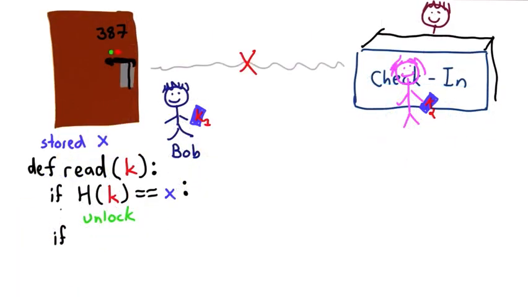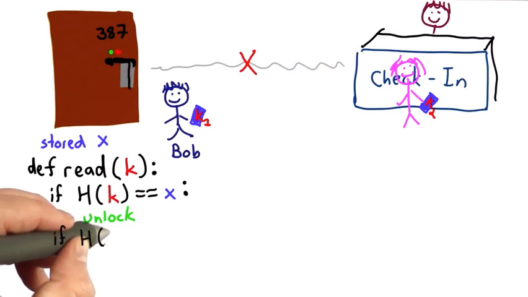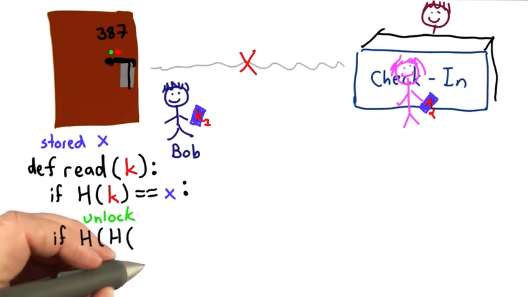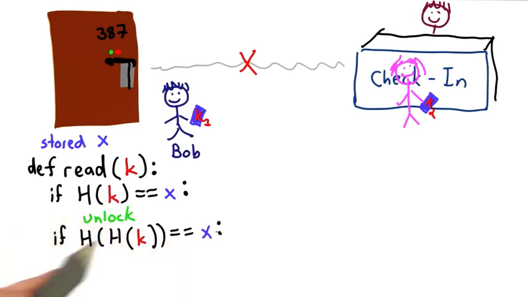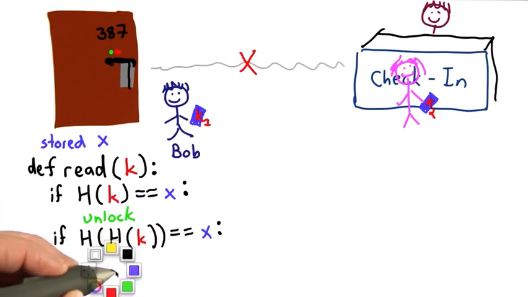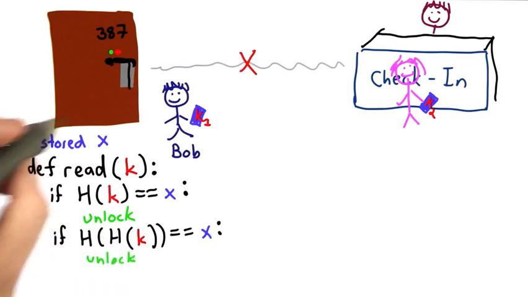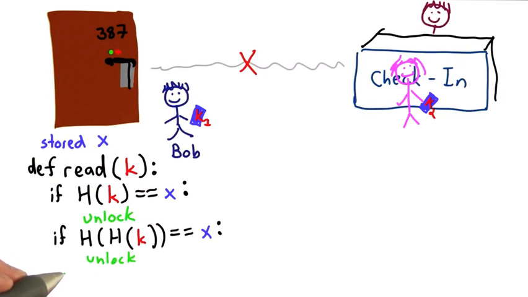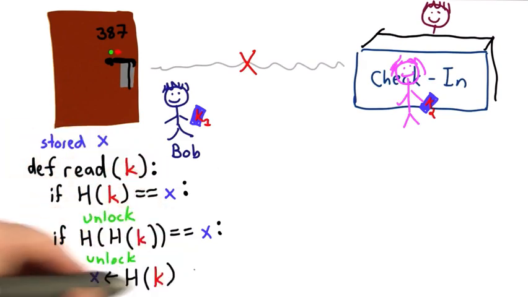There's another situation that we need to test for, and that's if the hash of the hash of the key is equal to x. If we're thinking about a hash chain, that would be the next key in the hash chain. If that's the case, we also want to unlock the door, but we want to update the value that's stored as x. We'll update that value to be the hash of the current key, hash of k. So that's our read protocol.